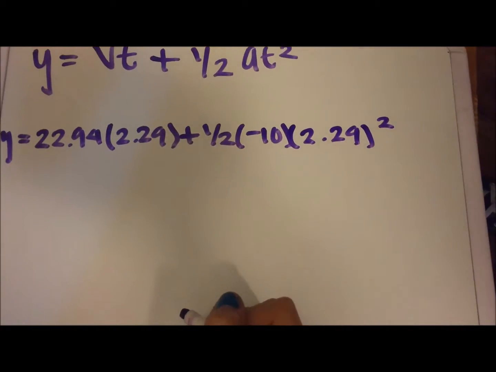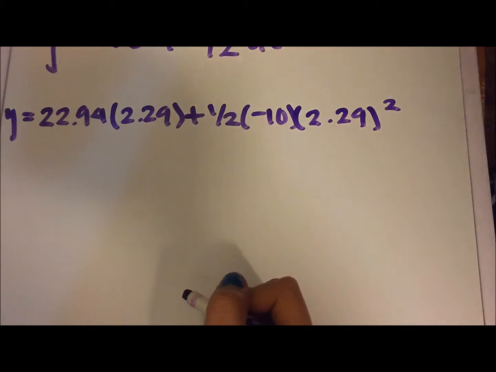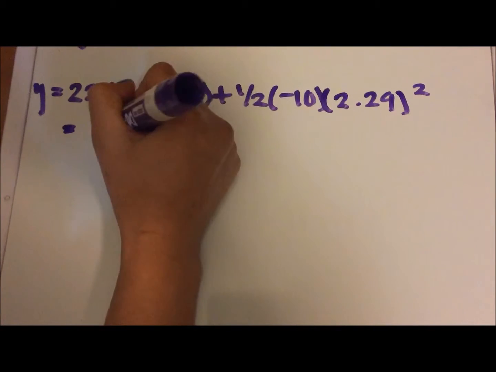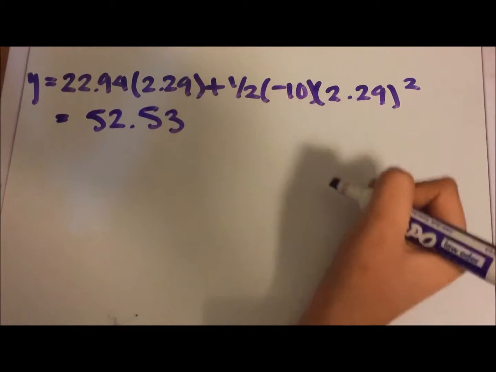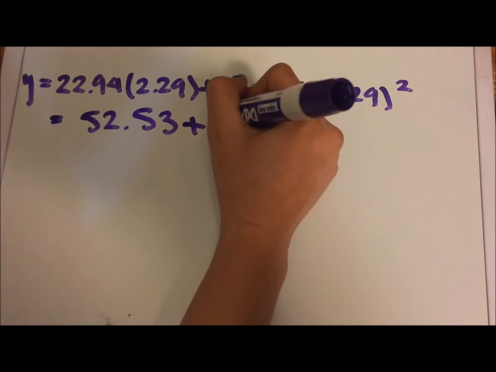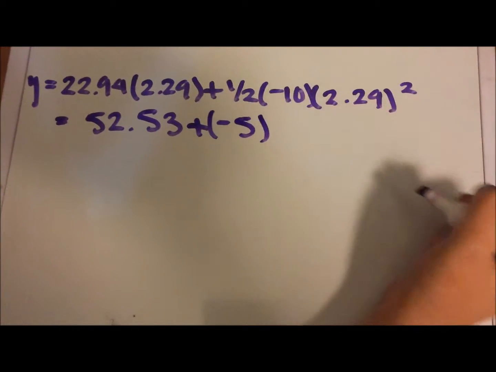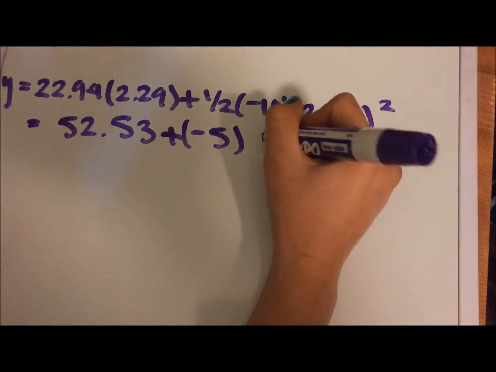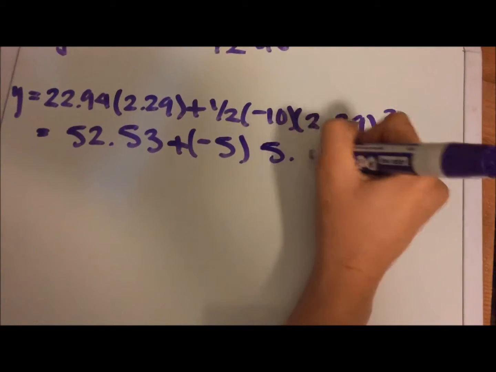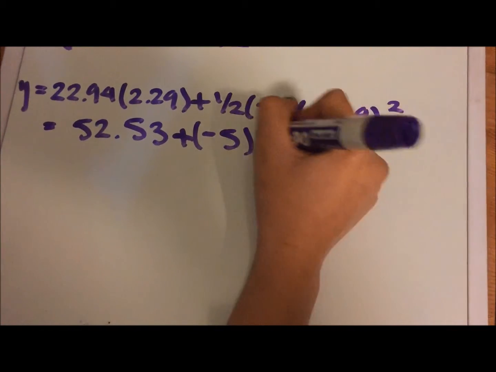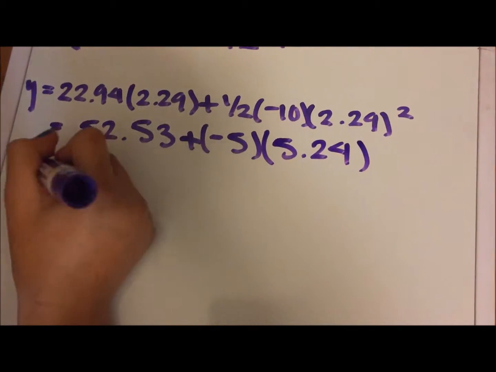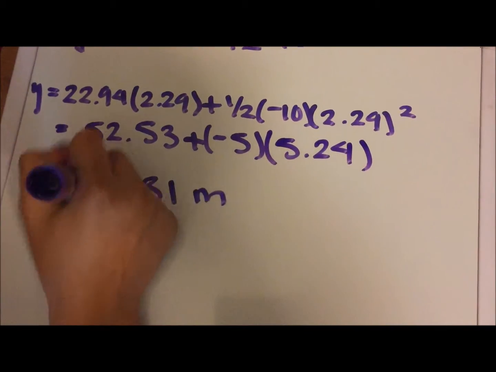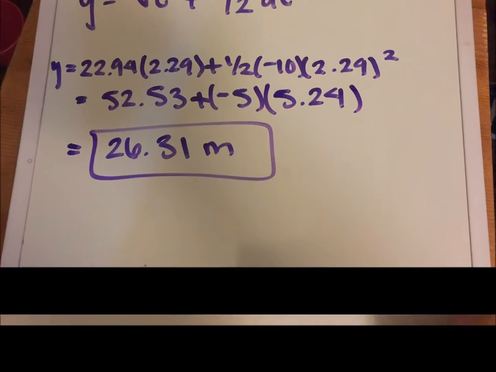So 22.94 times 2.29 will be equal to 52.53, plus half times negative 10, which is negative 5, and then 2.29 squared will be equal to 5.24, and everything will be equal to 26.31 meters. And that's your maximum height.